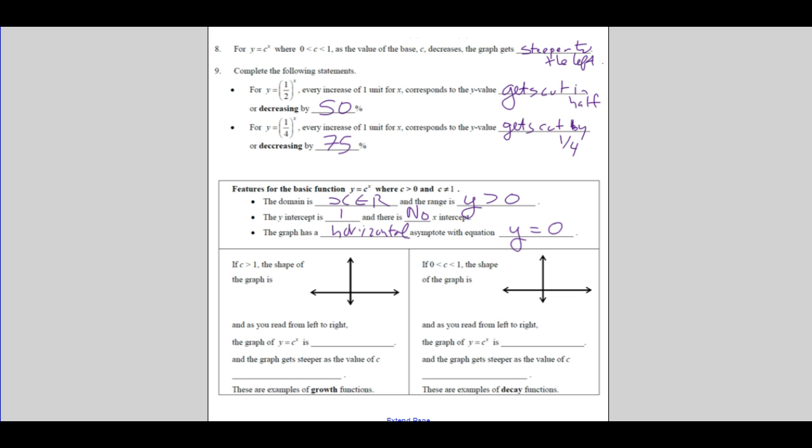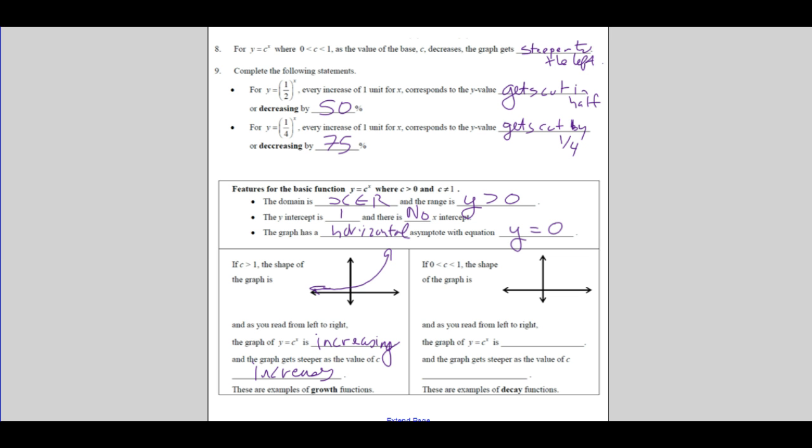If c is greater than 1, the shape of the graph is like this. As you read from left to right, the graph of y equals c to the x is increasing. And the graph gets steeper as the value of c increases. We call this a growth function, right? In other words, it's growing. As you're going up, it's growing, it's getting larger.